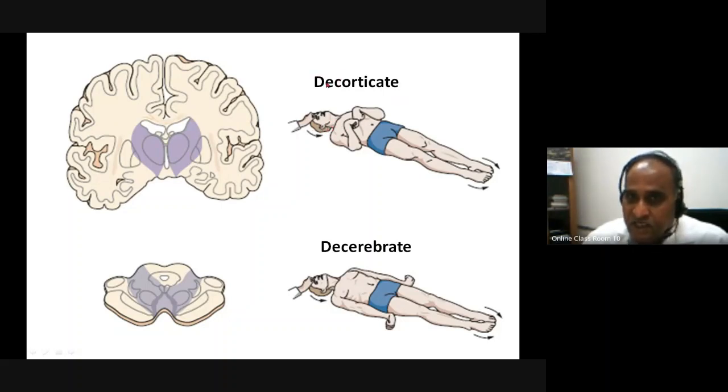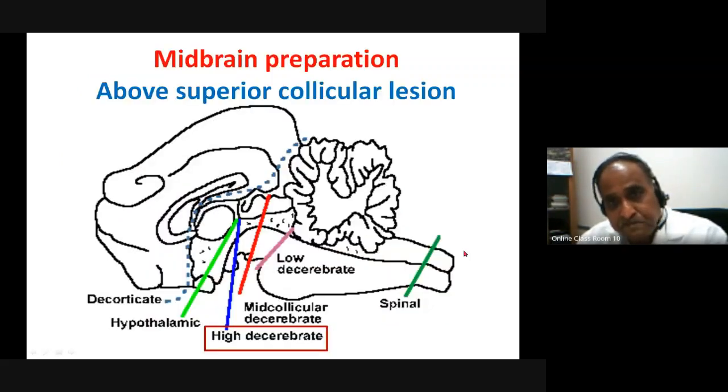This is a decorticate preparation in comparison to the decerebrate preparation, wherein the upper limbs also extend, because the red nucleus is not giving its influences. In decorticate the red nucleus is intact; in decerebrate it is not intact. So that is the decorticate and decerebrate preparation.